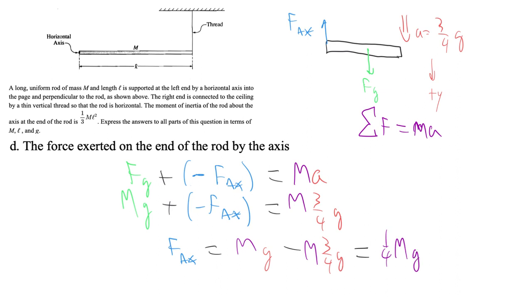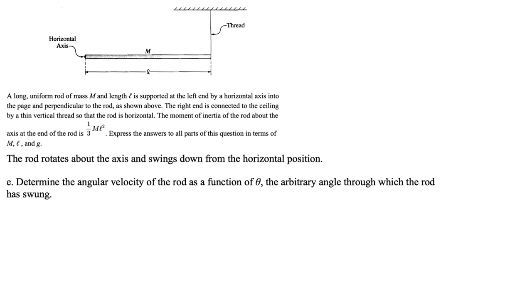Notice that when it was being held up at both ends, it was a half of the weight, but when we cut the string, it drops instantaneously to 1/4 of the weight, which is kind of a weird thing all by itself. All right, then the rod rotates about the axis and swings down from the horizontal position.